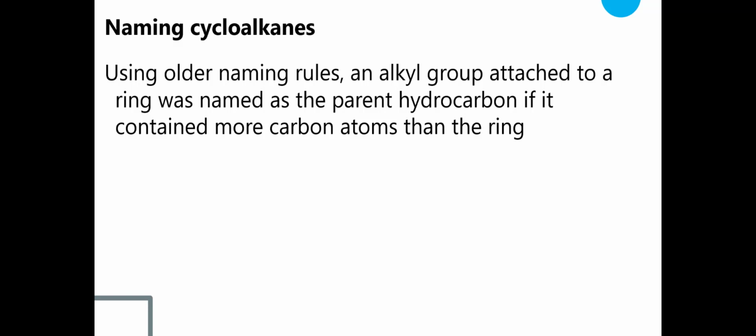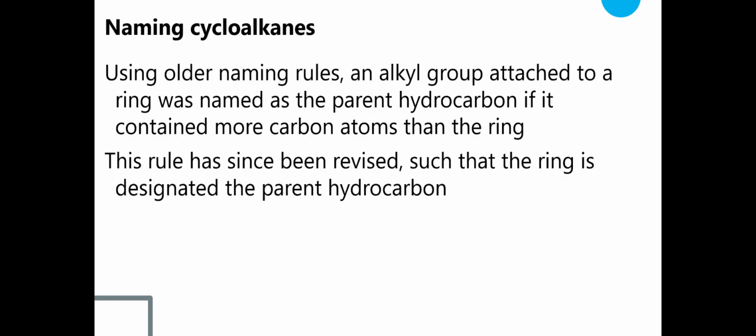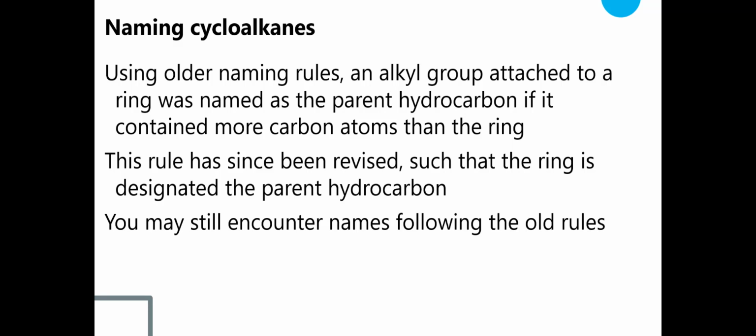And if the longest chain had more carbons than were in the ring, we would designate that chain as the parent hydrocarbon. Now the rule has been fairly recently revised. I believe these were the 2013 naming rules. But the problem is you will still see names which follow those old rules.